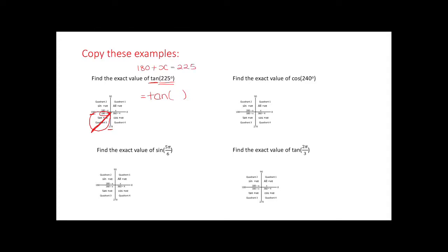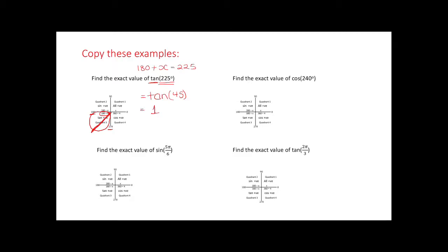Rearranging to get x on its own, we get 45 degrees. So tan 225 is equivalent to tan of 45. Tan of 45 is an exact value that we know. Tan 45 is just 1. So tan 225 is equal to 1.